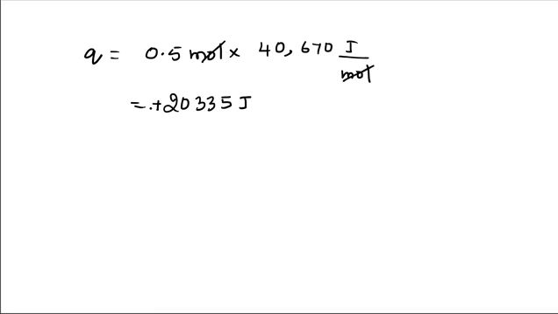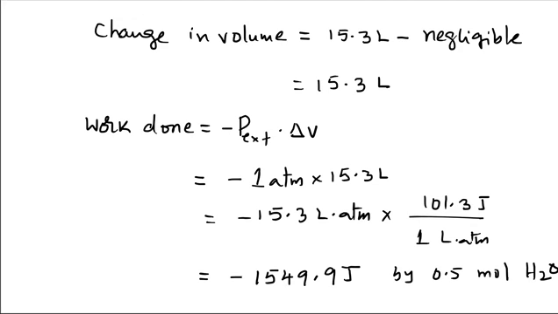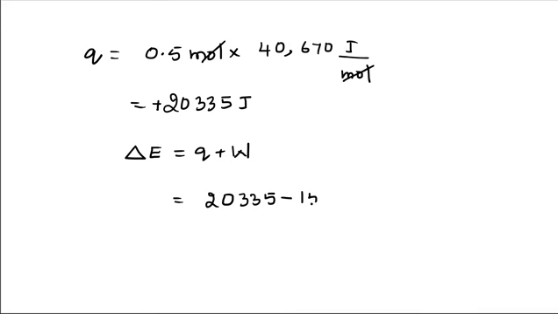So according to the first law of thermodynamics, the relationship between internal energy change, work and heat is delta E is equal to Q plus W. We just found that heat is 20,335 joules and the work done is negative 1549.9.